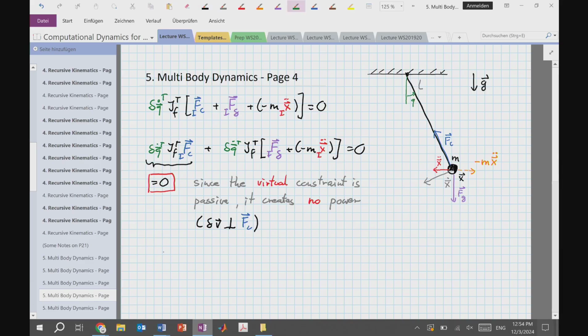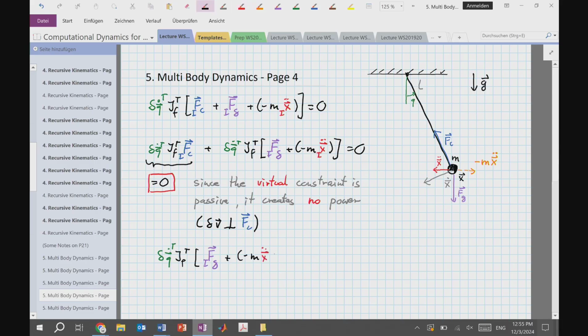Which means in our little equation, we are just left with the terms on the right-hand side. So delta Q dot transpose times JF transpose, times our gravitational forces and our D'Alembert forces.